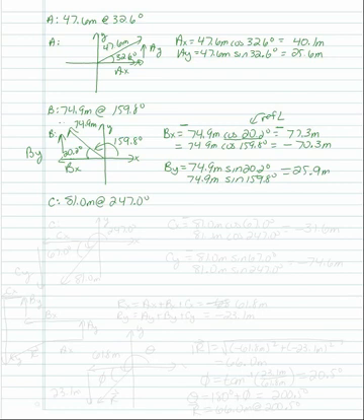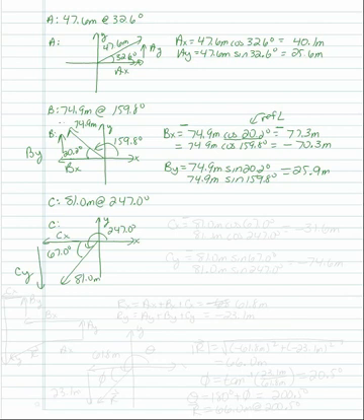Same approach. Here's vector C. We're going to be down in the third quadrant, down here. So there's 247 degrees, which makes this 67 degrees, 81 meters. And your components: Cx to the left, Cy down.